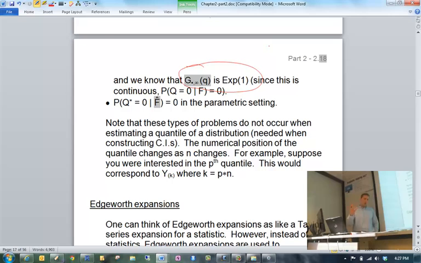Note that overall, with the non-parametric bootstrap, since we're starting from a discrete distribution as f hat, or EDF, it's always going to have problems when you're working with fixed order statistics. These fixed order statistics themselves are not what are referred to as smooth statistics. They're fixed in place, and that's the problem.